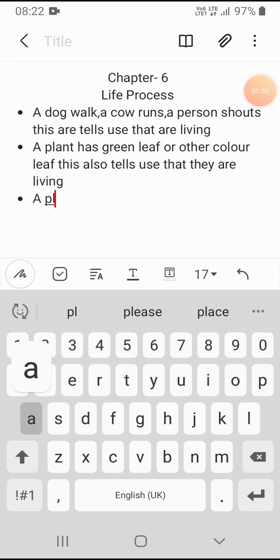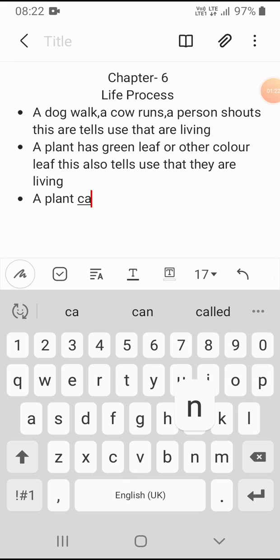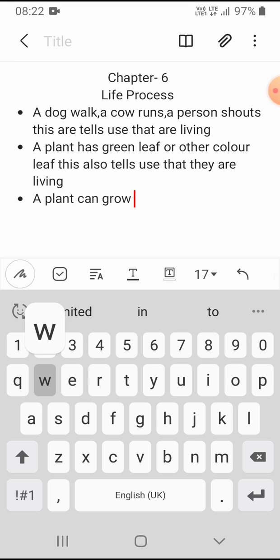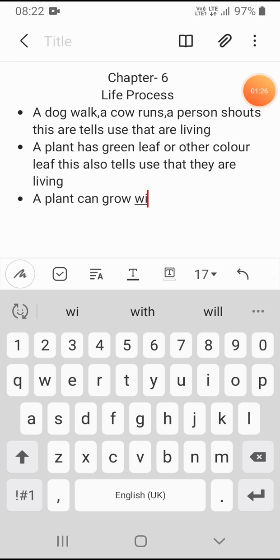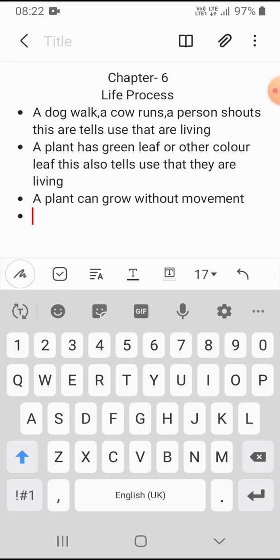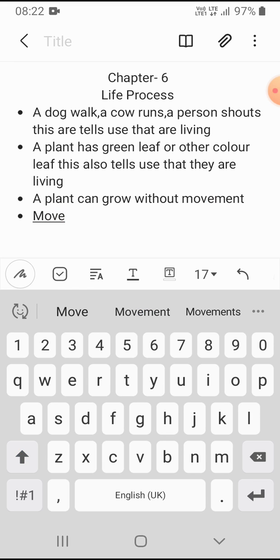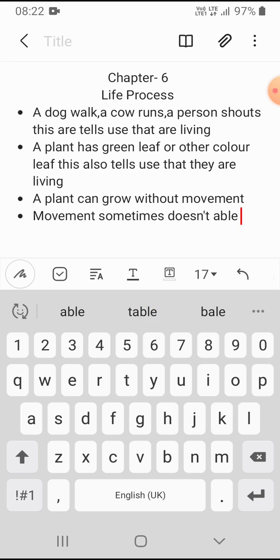A plant grows without movement. It does not do any movement that we can see. Movement sometimes cannot be seen with our naked eyes.